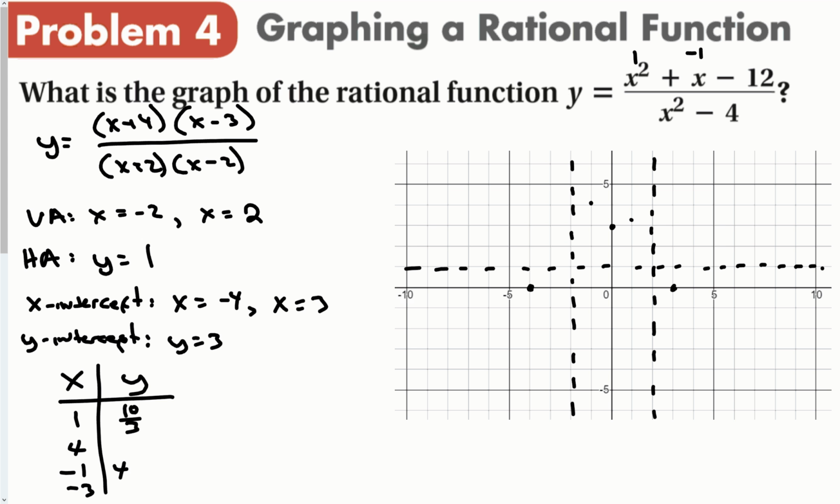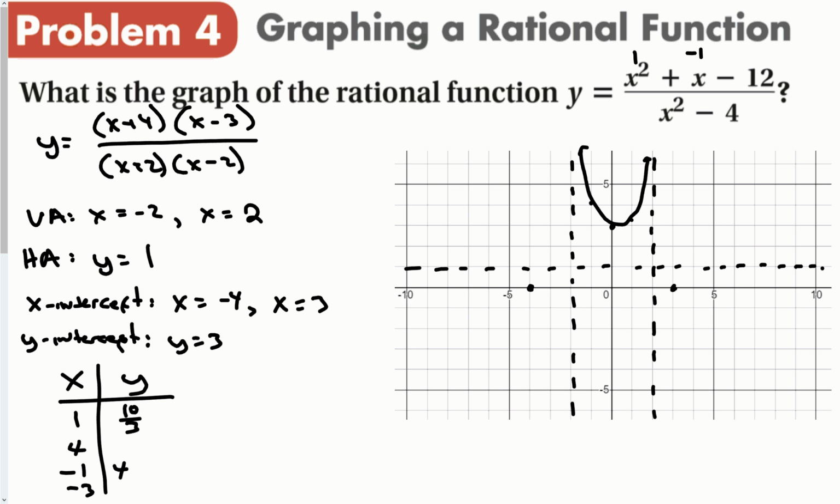So, again, not symmetric. Just because you have a point here, it doesn't mean it's going to be over there. But those 3 points are enough to graph this function, because we know that the function either has to be going straight up or straight down as we get closer to the vertical asymptotes. And I can see it's kind of going to curve like this.